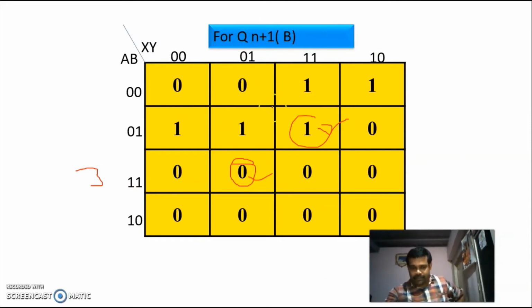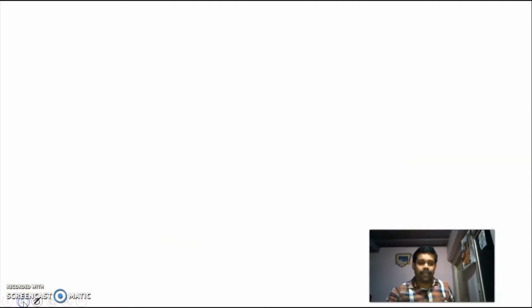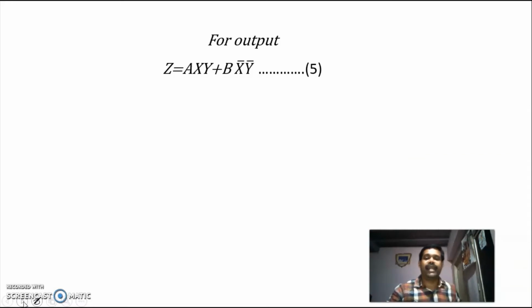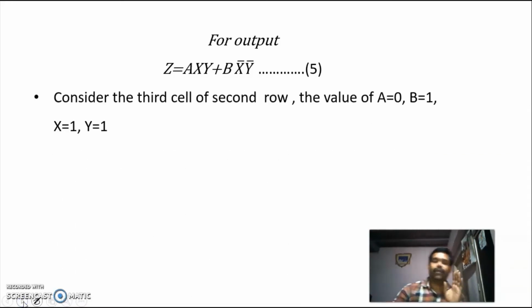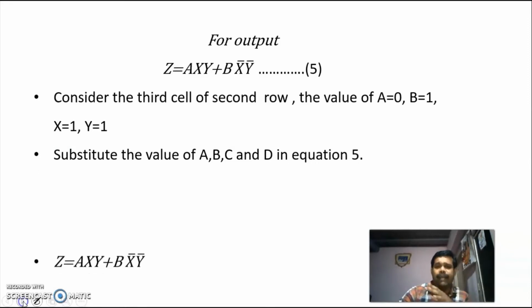Then next we have to take it for output. So the output expression is Z is equal to AXY plus B X bar Y bar. Here also you are having 4 variables. You have to take the next step, the next state map.